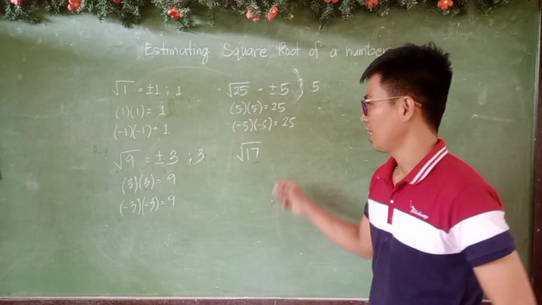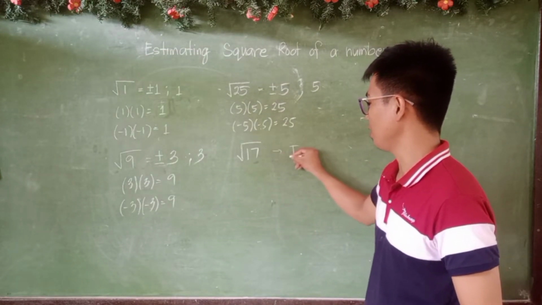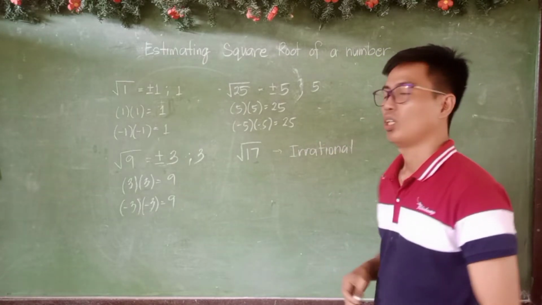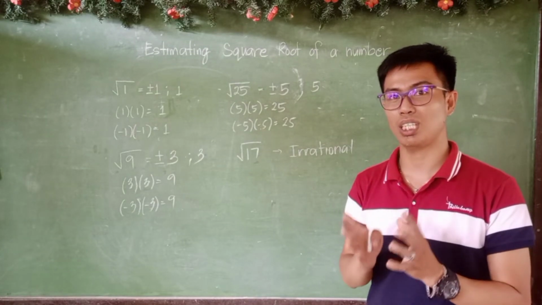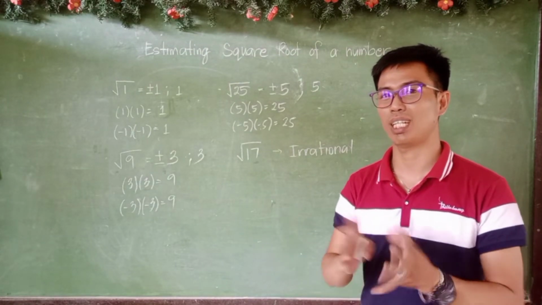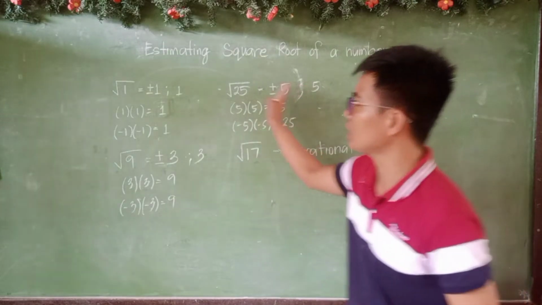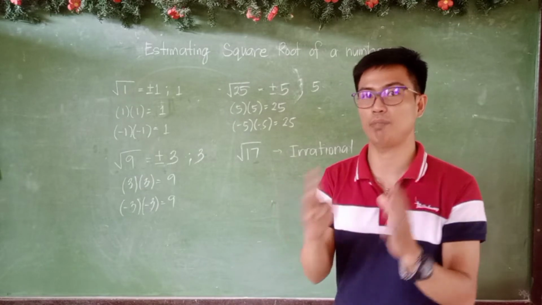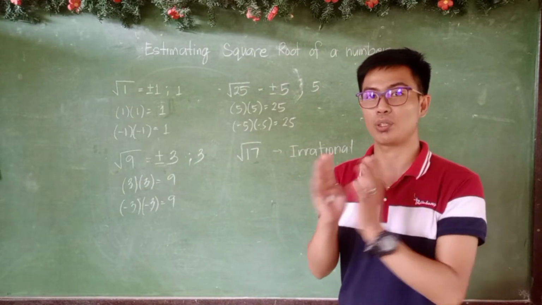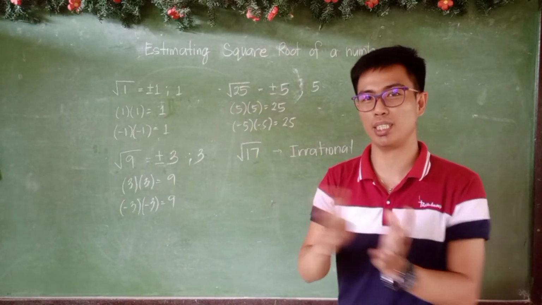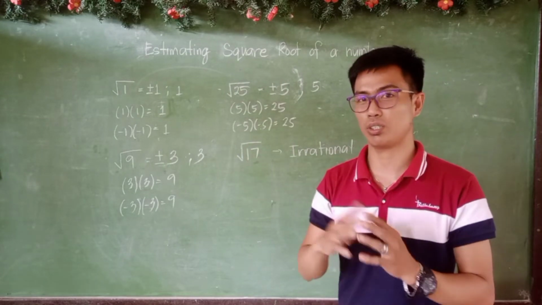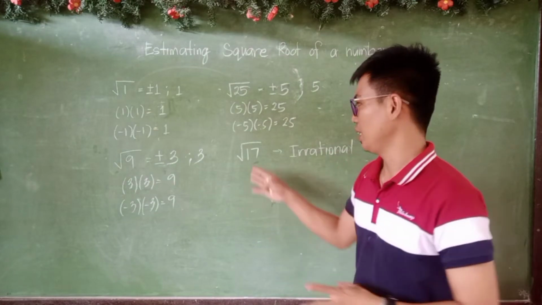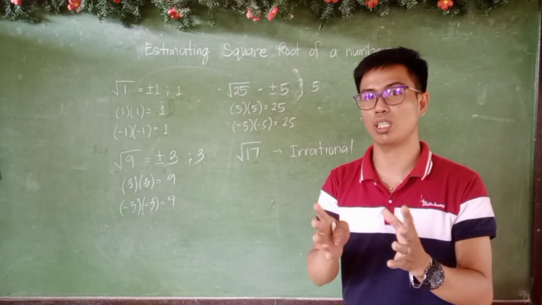That means this given is an example of an irrational number, or the principal root is irrational. Wala siyang perfect root. Hindi katulad ng mga nauna nating example, they are called rational numbers kasi meron silang perfect root. Square root of 1, 9, and 25 are rational numbers, and the root of square root of 17 is irrational.